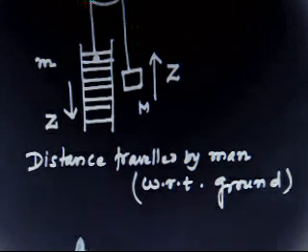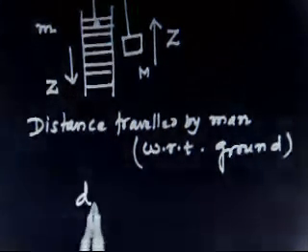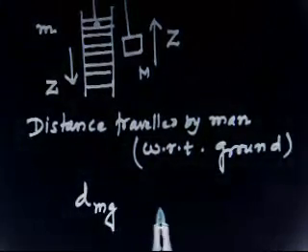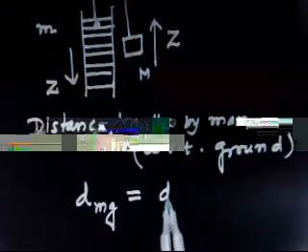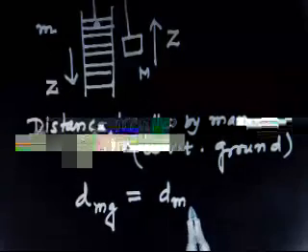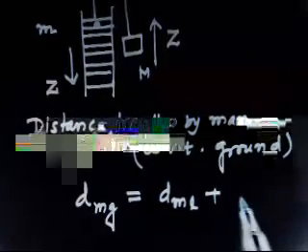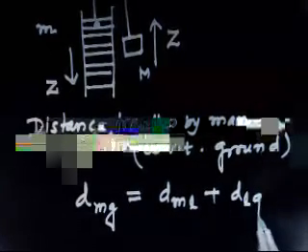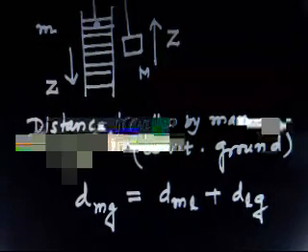Okay, so I can write distance traveled by man with respect to ground equals distance traveled by man with respect to ladder plus distance traveled by ladder with respect to ground. Are you getting?